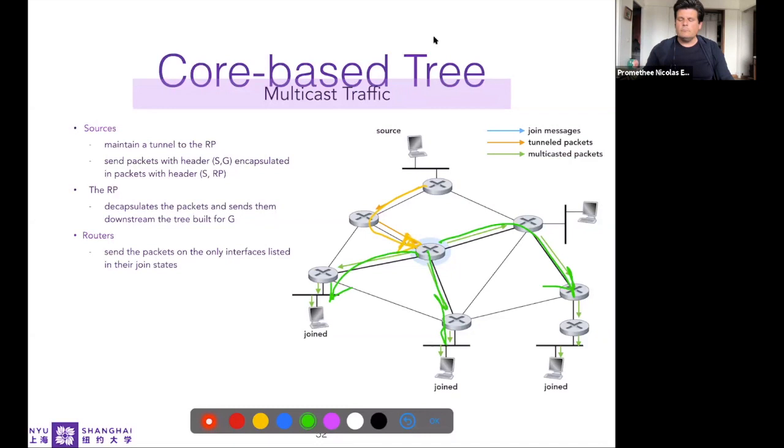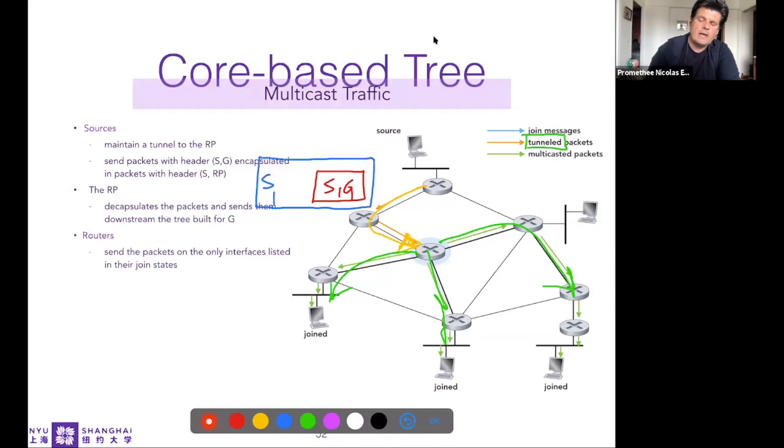All right? Okay. So as you may see here, I said that it was a tunnel. For what reason? Because the source will basically send the multicast packet, but in order to reach the core, I'm going to put it inside a tunnel by saying that it goes to the RP.